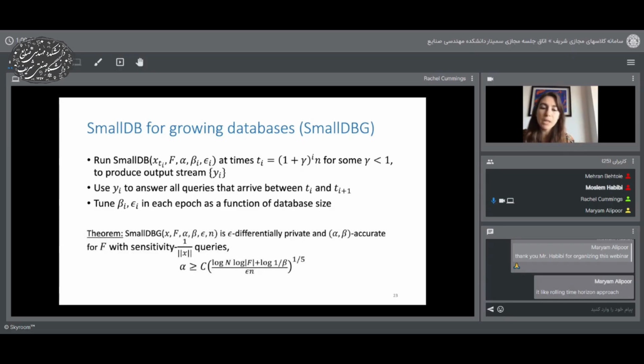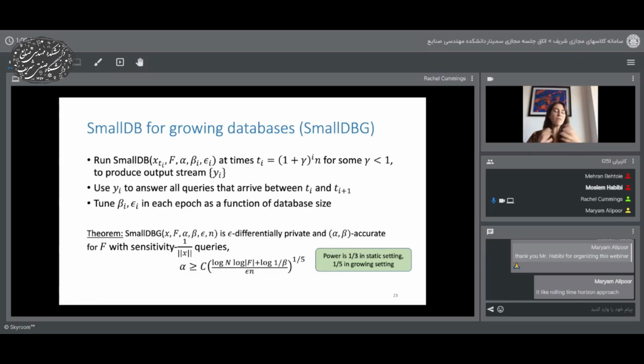And the main result here is that our small dbg is again epsilon differentially private, and is also alpha-beta accurate. If we look at the alpha, we still have things in logs over epsilon n, but the difference is now we have this 1/5 power instead of 1/3.